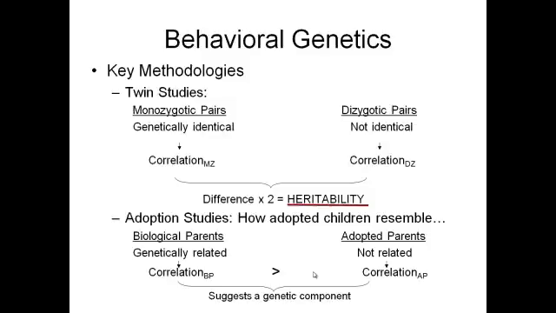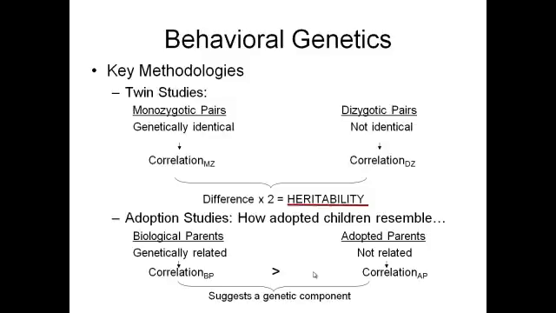So you can look at various aspects of personality. You could look at intelligence, you could look at the big five characteristics, and you can compare the monozygotic pairs with the dizygotic pairs. So, for example, John and Joe are monozygotic twins. They're identical twins. And maybe you can establish the correlation between them in terms of their scores on an intelligence or personality test.